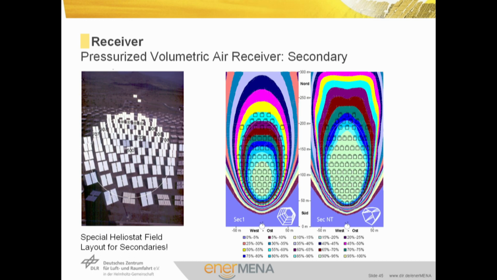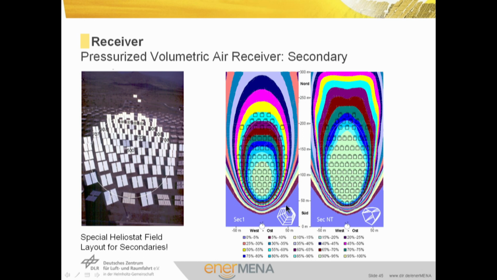So you see here an ellipse of heliostats, which are quite good in order to be used in connection with a secondary concentrator. The plots on the right show efficiency maps for heliostats. We observe that heliostats far away from the optical axis have a lower efficiency, for example heliostats in the back or on the sides, and in the optical axis we have got heliostats with good efficiencies.